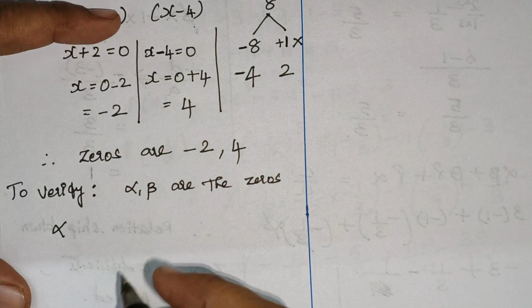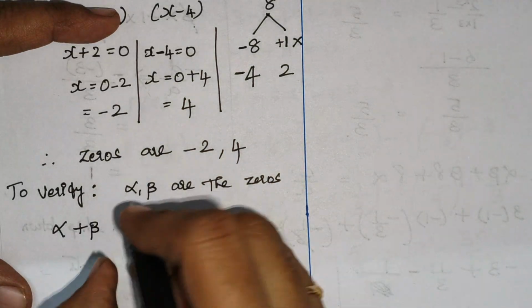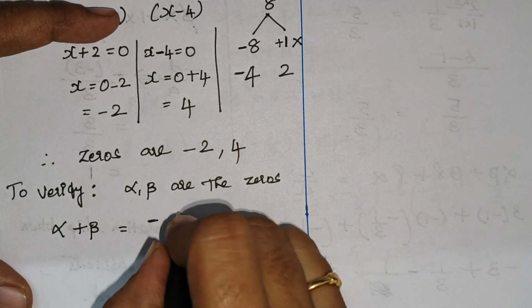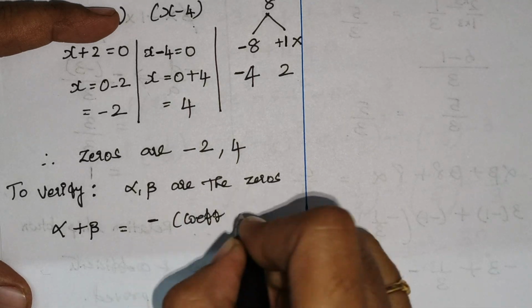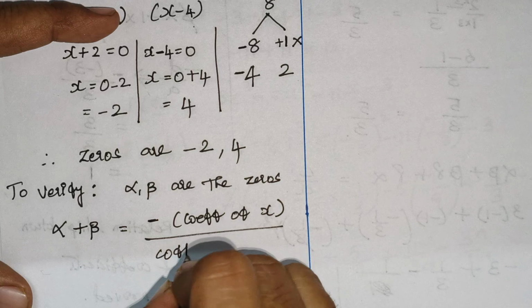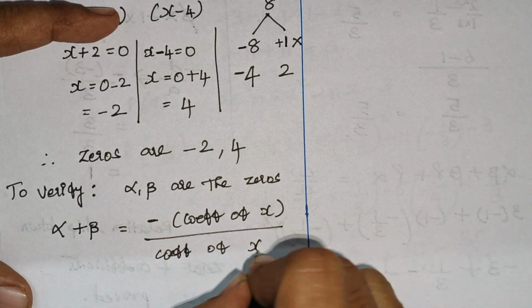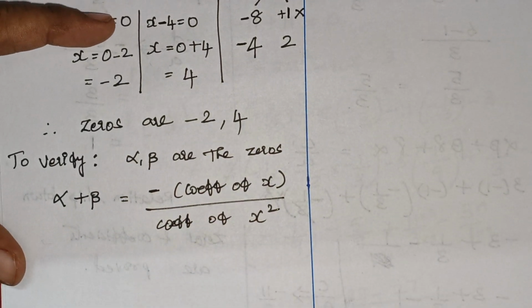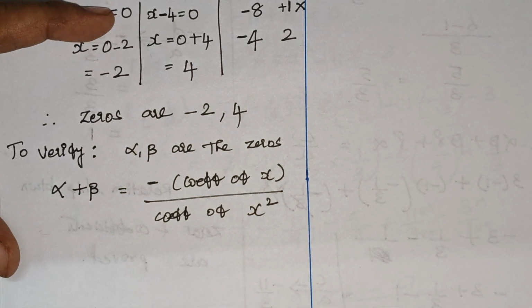So the sum of zeros, that is alpha plus beta, can be written as minus coefficient of x divided by coefficient of x square, right? So just substitute the values here.